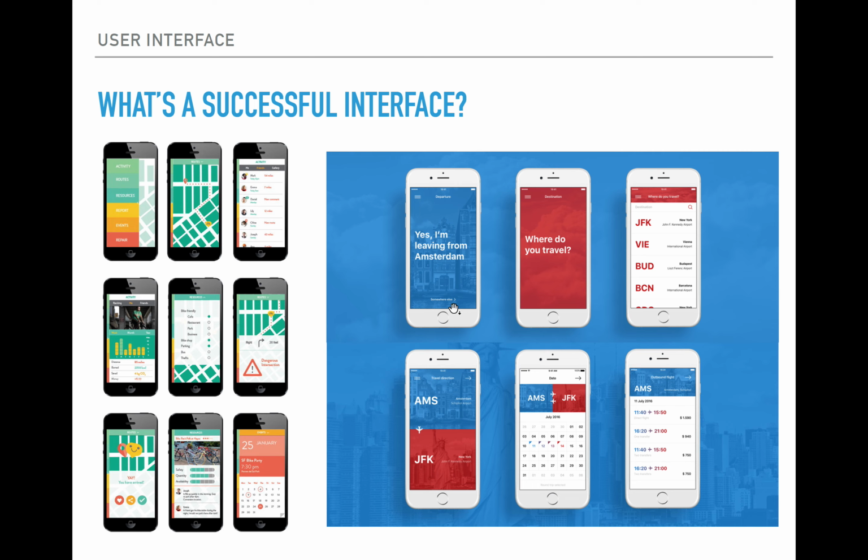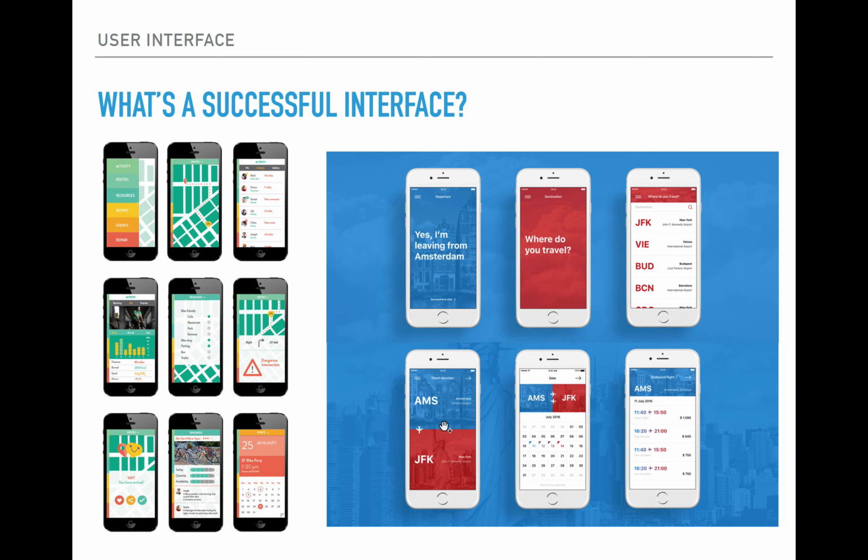Let's look at the one on the right here, the Amsterdam. This is a reinvention of the American Airlines interface, re-envisioning what that mobile app interface could look like. So this is a concept design.